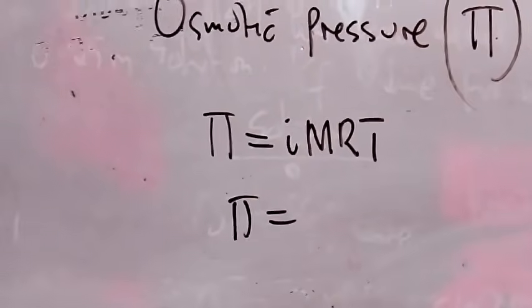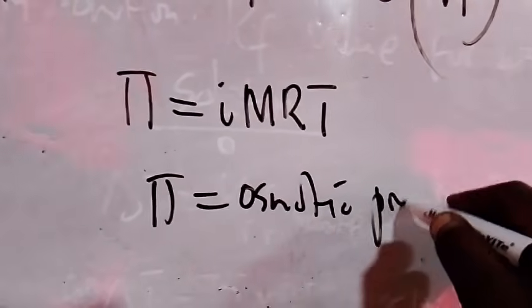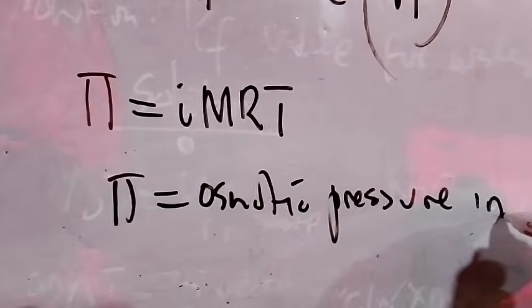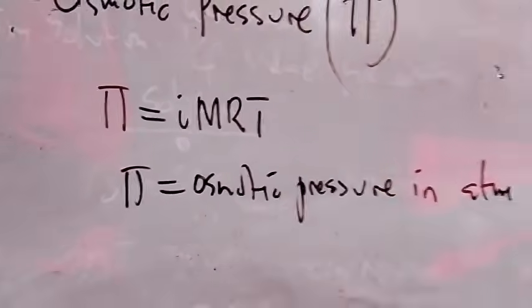Pi is the osmotic pressure in atmospheres, so pi has to be in atmospheres.